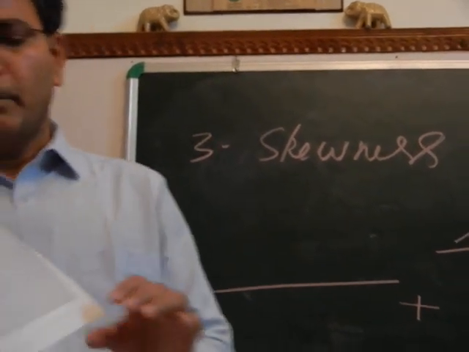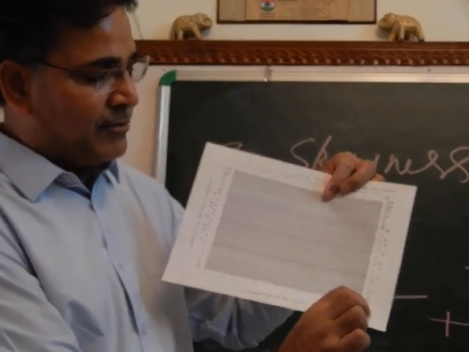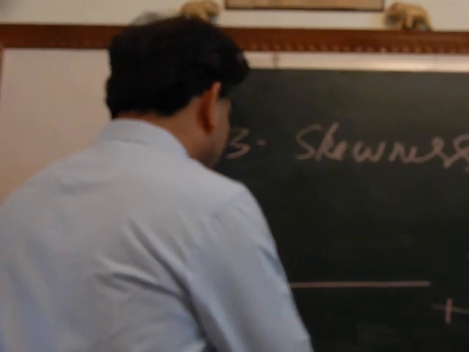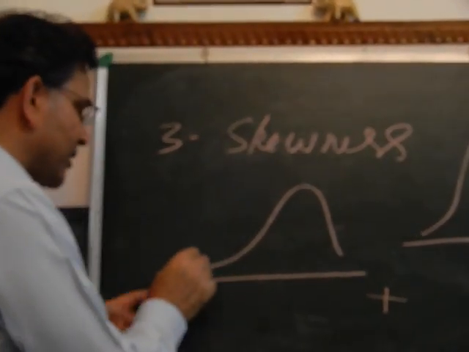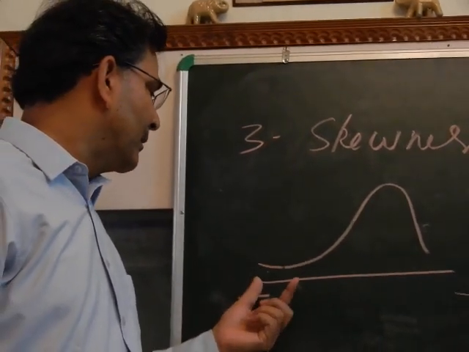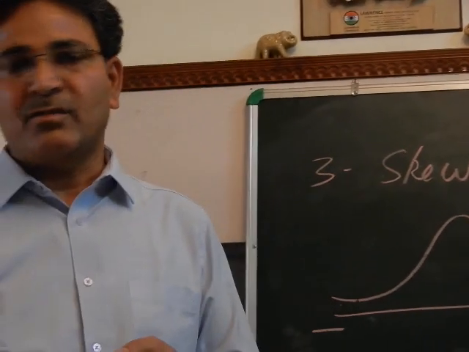In the probability graph paper we have already seen, the left side is coarser and the right side is for finer sediments. So if it is skewed towards the negative direction, it means the coarser sediments are in excess.